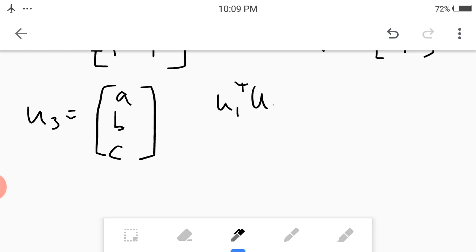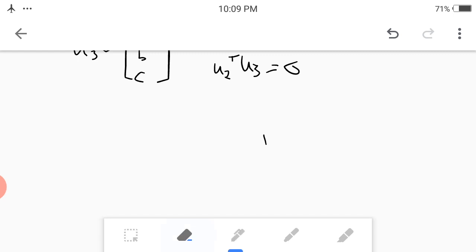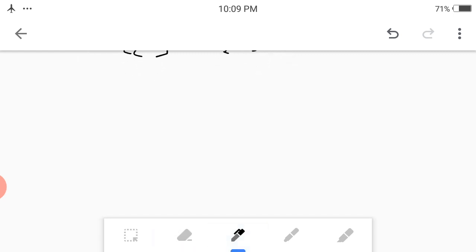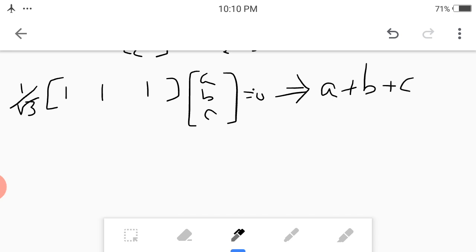u1 transpose u3 should be 0. This is your equation for proving two vectors are perpendicular, right? Similarly, u2 transpose u3 is 0. So if you do this, you end up with 1 1 1, this is 1 by root 3 into a b c, it's 0, which actually gives you the equation a plus b plus c is 0.